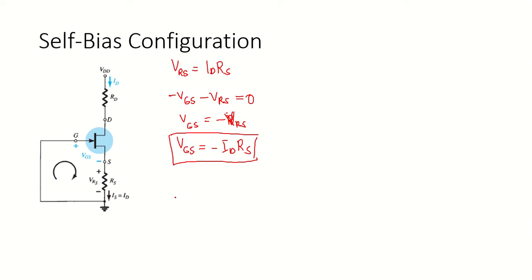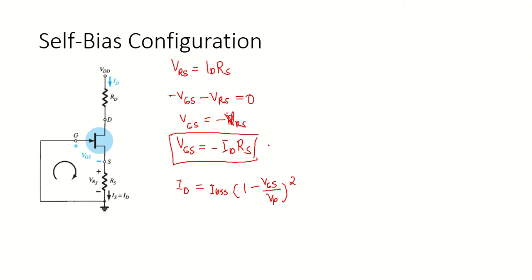The self-bias configuration by mathematical solution also uses the Shockley's equation to solve for the ID of the circuit, which is equal to IDSS times 1 minus VGS over VP, the quantity squared.